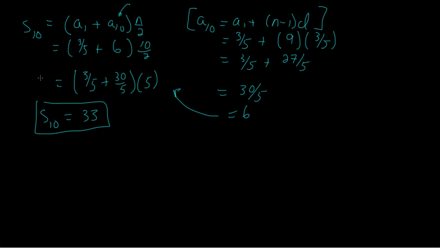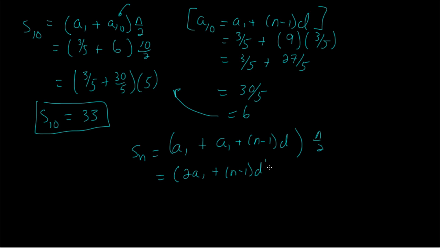So an alternate version of the sum of the first n terms is a1 plus, and if I need an, we know that the an formula is a1 plus n minus 1 d, and simplifying that, we get 2 a1 plus n minus 1 d, times n over 2.